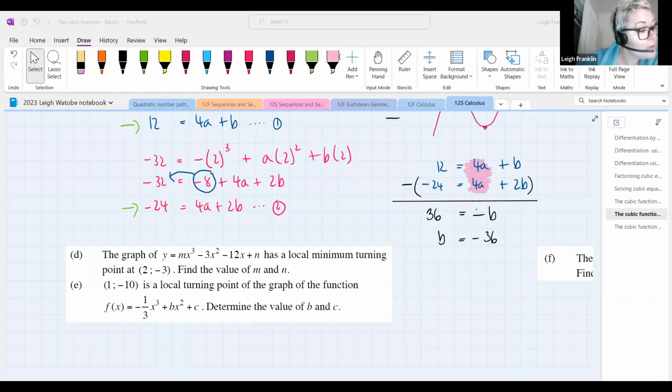Okay, so Tsegofatso. Good. That is indeed correct, Tsegofatso. Well done. Good job.